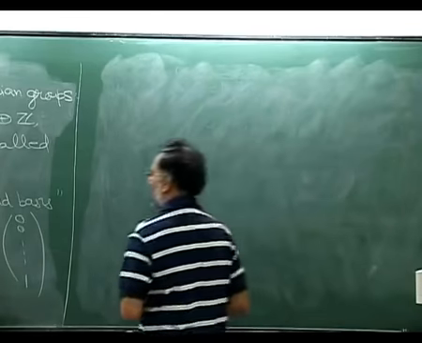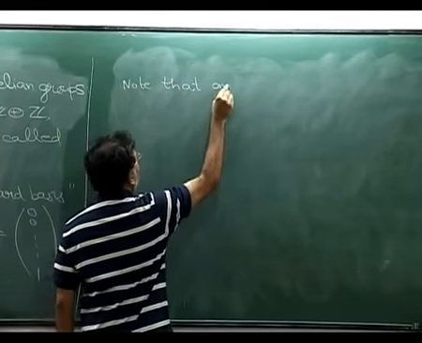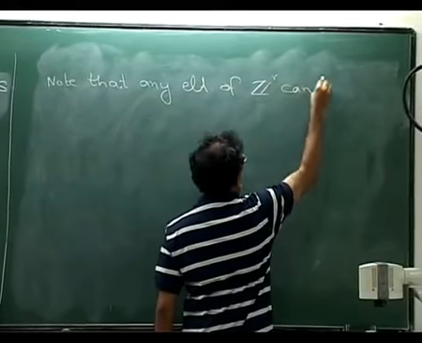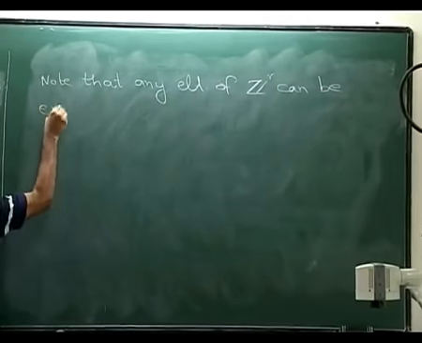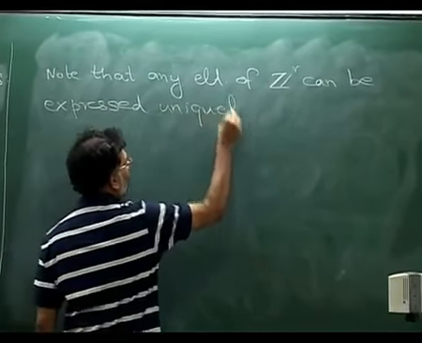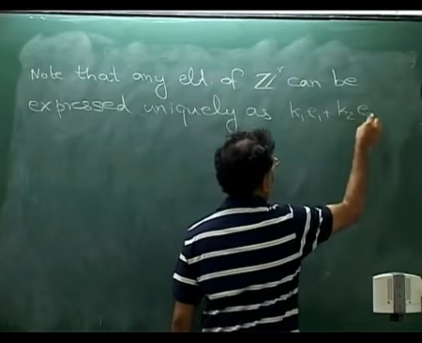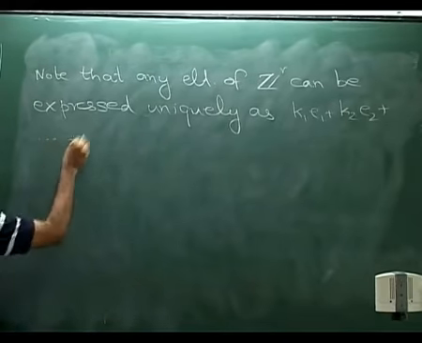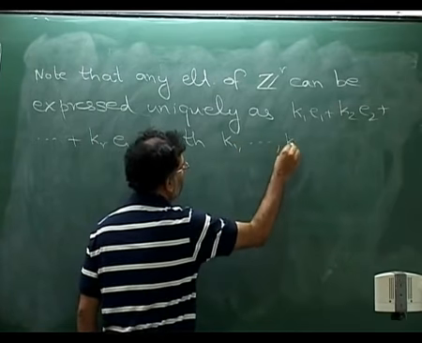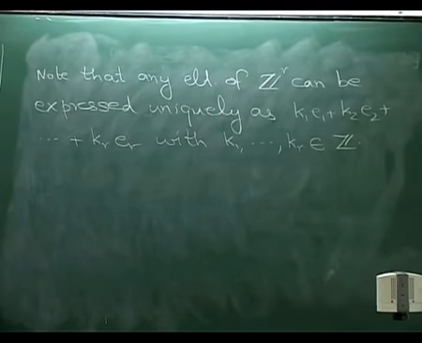So the standard basis satisfies the following property. Note that any element of Z^R can be expressed uniquely as K1 E1 plus K2 E2 plus ... KR ER with K1 up to KR in Z. It can be expressed and can be expressed in only one way.